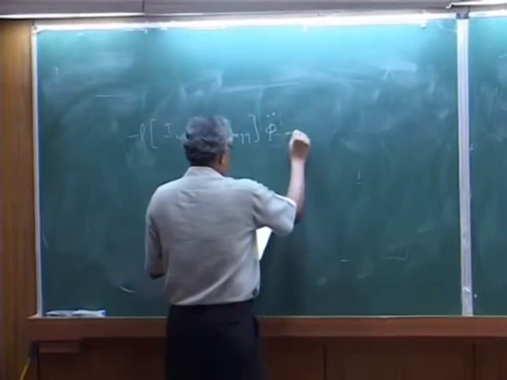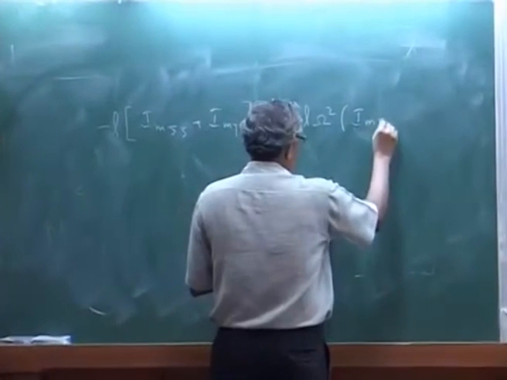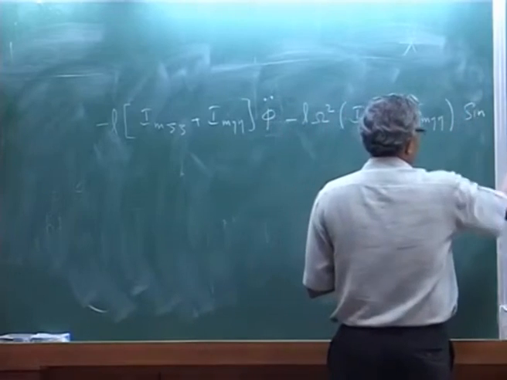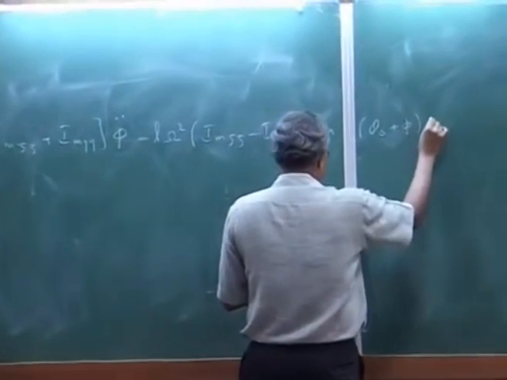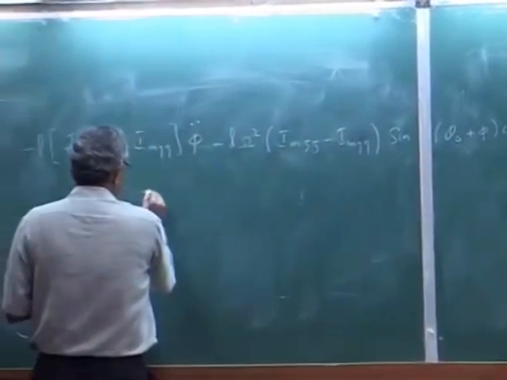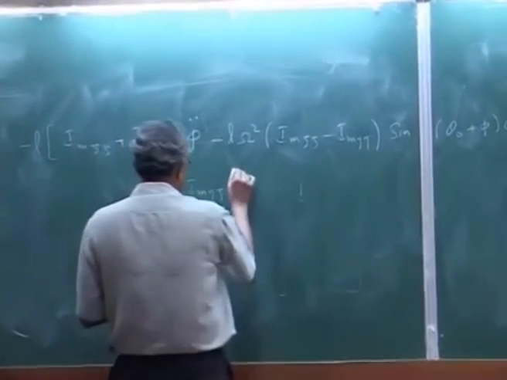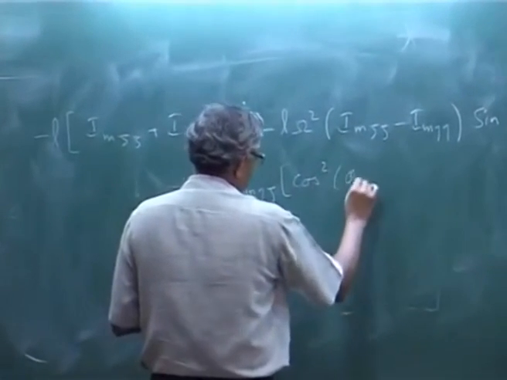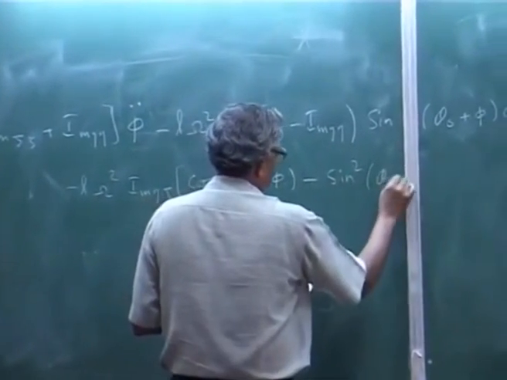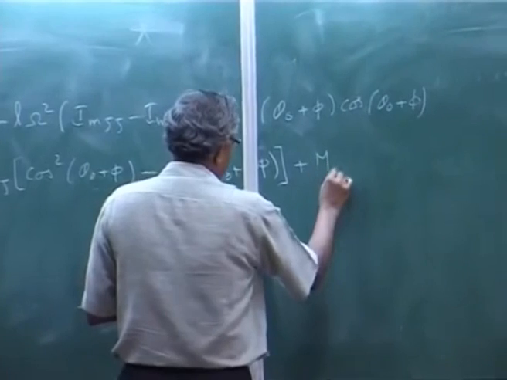P double dot minus L omega square I m sine theta naught plus P cosine theta naught plus P minus L omega square I m theta psi cosine square minus plus MA.